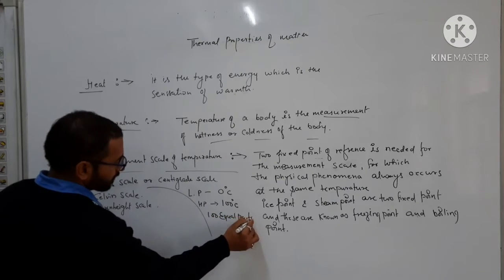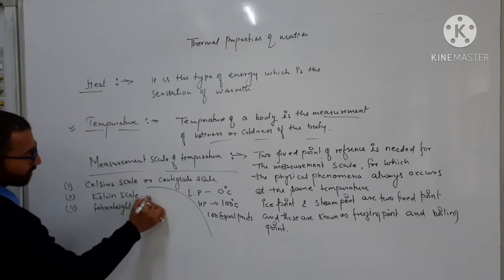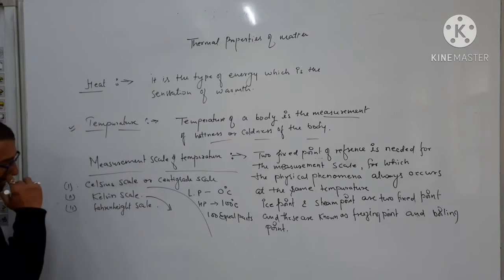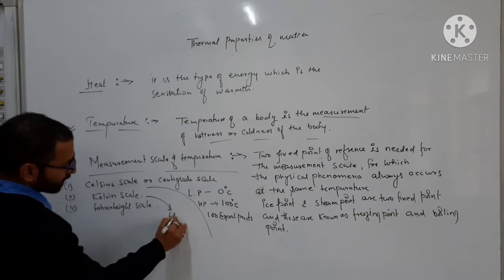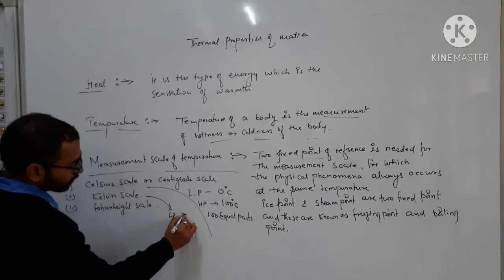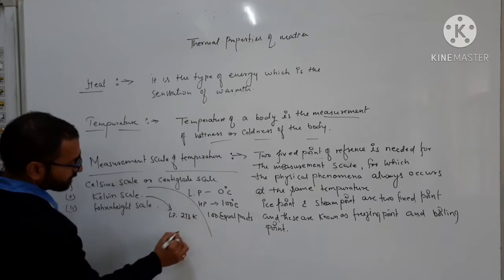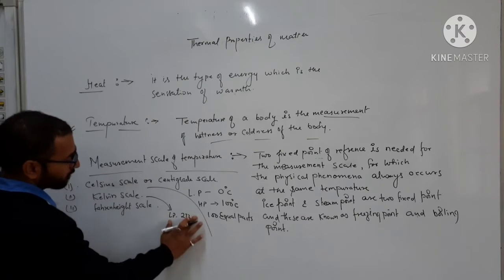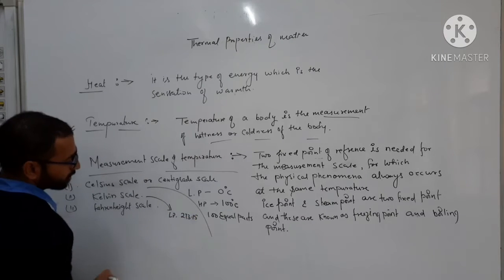The Kelvin scale has its lowest point at 273 Kelvin. It is basically 273.15 Kelvin, the absolute 0 point.